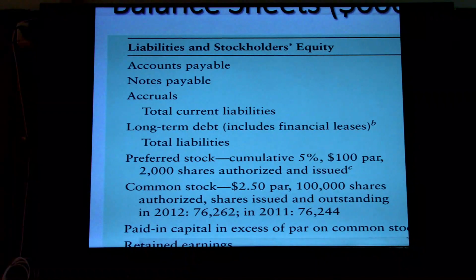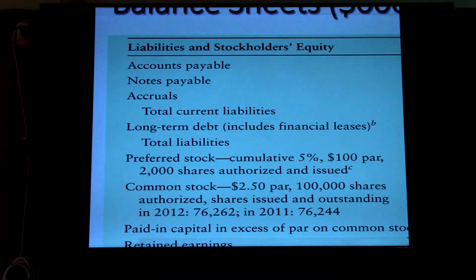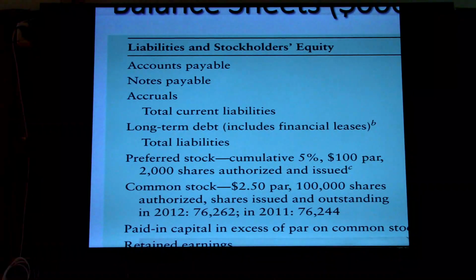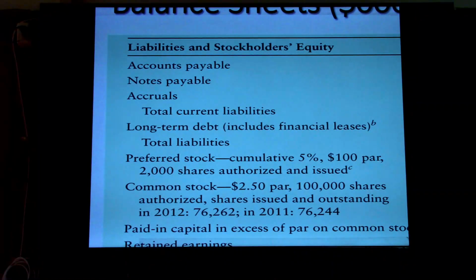Anything related to a liability of less than 1 year is called short-term or current liability. If it exceeds 1 year, it is considered long-term liability. The sum of total current liability and long-term debt gives us what we call total liability.